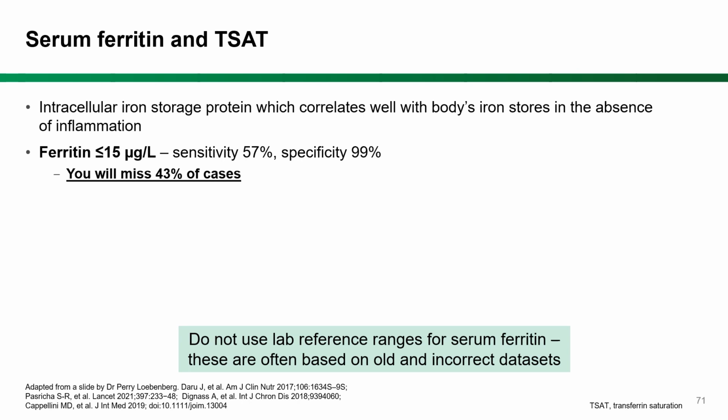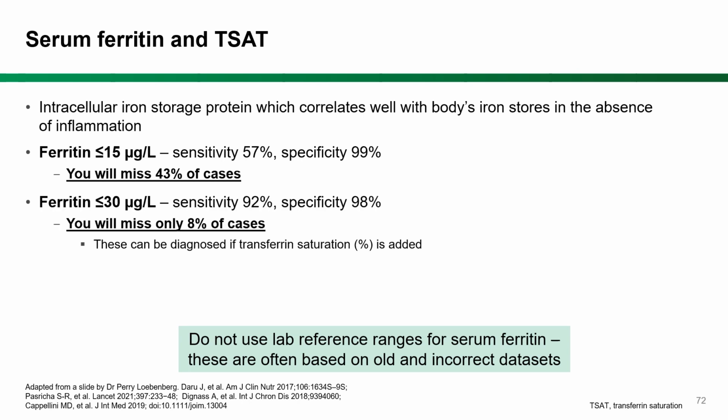If you use a higher cutoff, such as a ferritin of 30, you will only miss 8% of cases. More recent research suggests that you need even higher ferritin cutoffs to be accurate. But as most guidelines nowadays recommend a ferritin cutoff of 30, we will stick with that here.